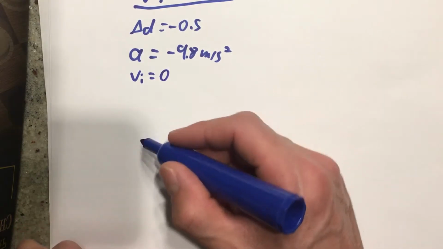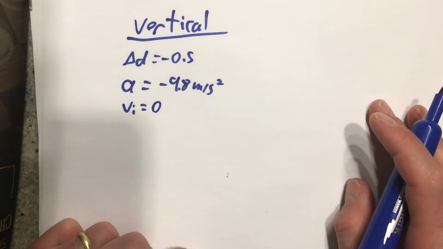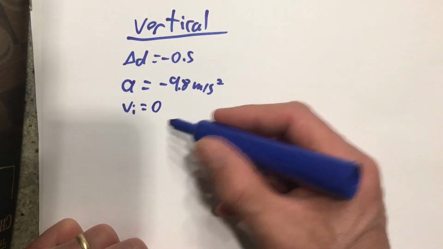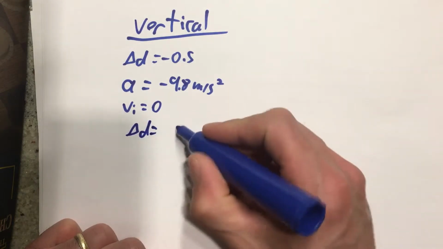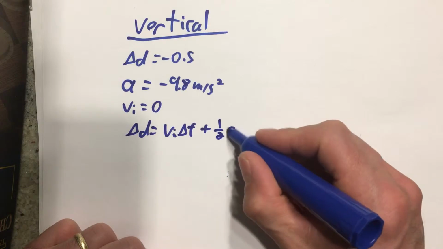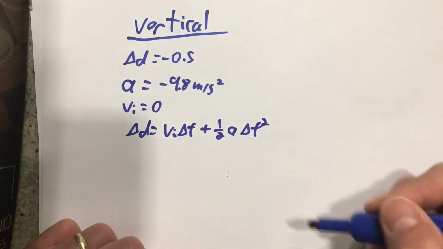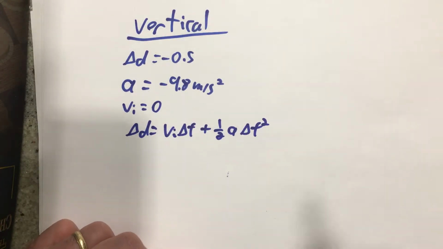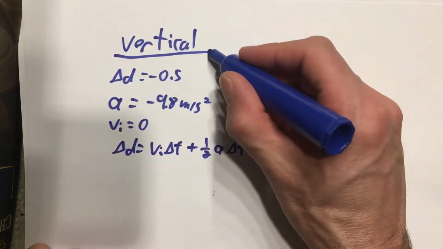Your fundamental displacement equation when acceleration is constant: displacement is your initial velocity times time plus half acceleration times time squared. Again, all of this is vertical.